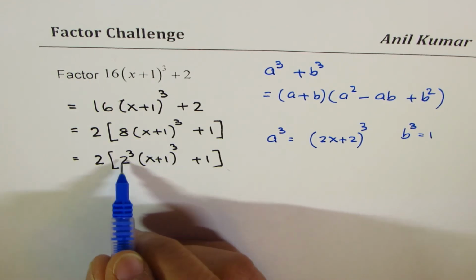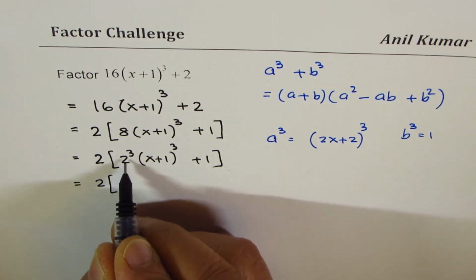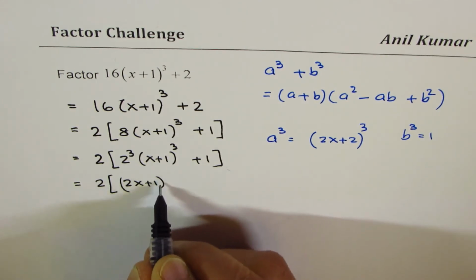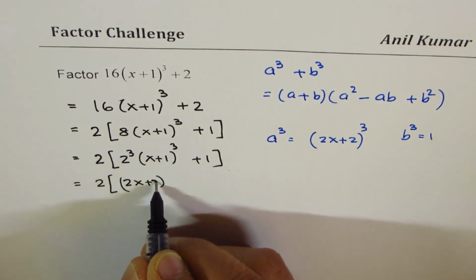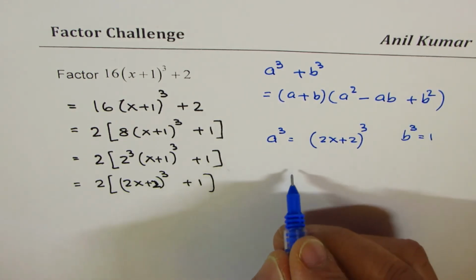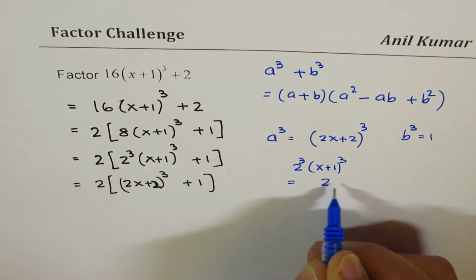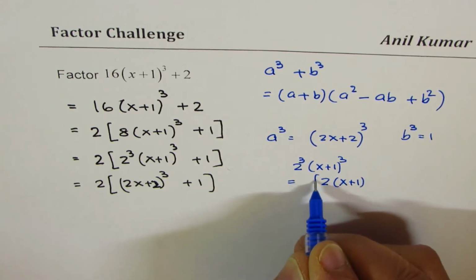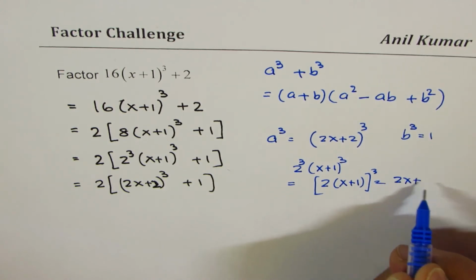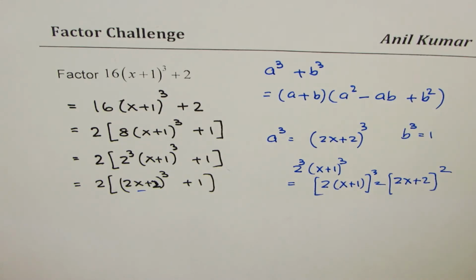Since both are cubes, I could write this as (2x plus 2) whole cube plus 1, because 2 cube times (x plus 1) whole cube is equal to (2 times (x plus 1)) whole cube, correct? So you could write this as (2x plus 2) whole cube. That is what I've written here. Is that clear? Now we are going to factor this.